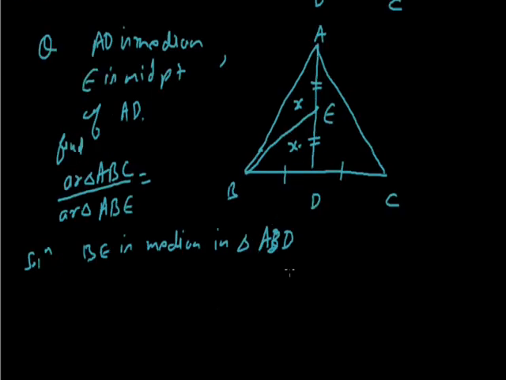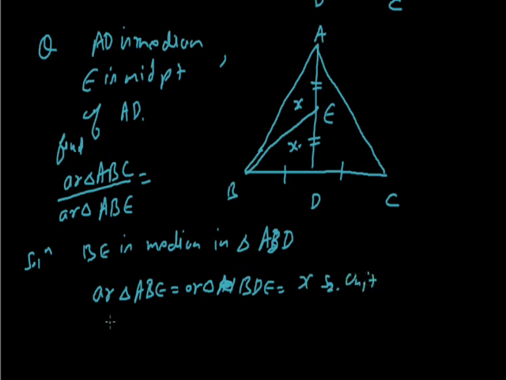Now we can say that area of triangle ABE is equal to area of triangle BDE, which is equal to x square units. Therefore area of triangle ABD is 2x square units.